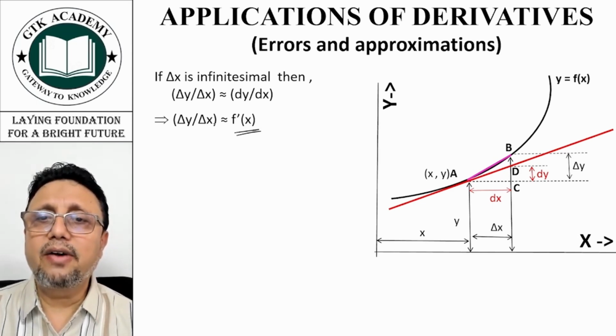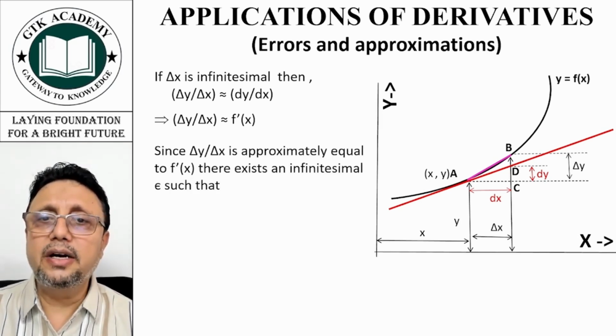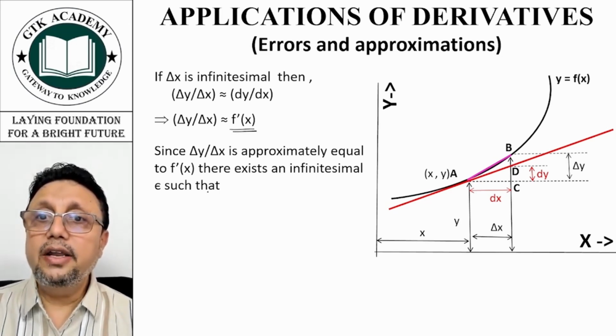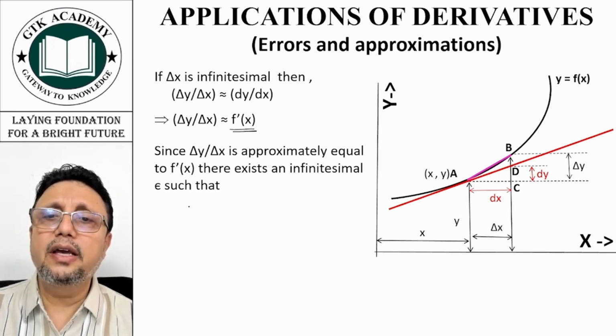So delta y upon delta x is nearly equal to derivative of the function at A. That means since delta y upon delta x is approximately equal to f dash x, it is not equal to. Still, there may be a small quantity which may be added in f dash x so that it becomes delta y upon delta x.